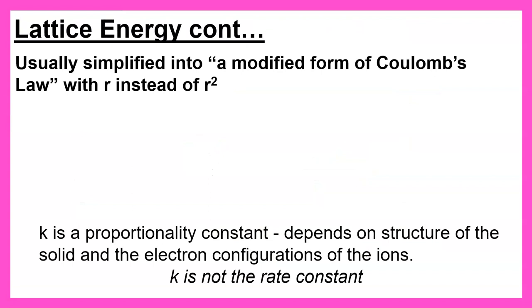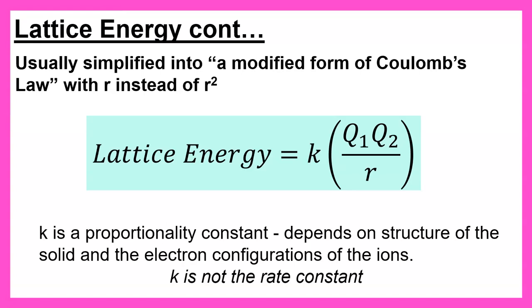Sometimes you're going to see people talking about lattice energy in a way that looks very similar to Coulomb's law. They have a proportionality constant, that correction value that's based on the specific substance you're talking about. They have the charges. You may sometimes see capital Q's instead of lowercase.